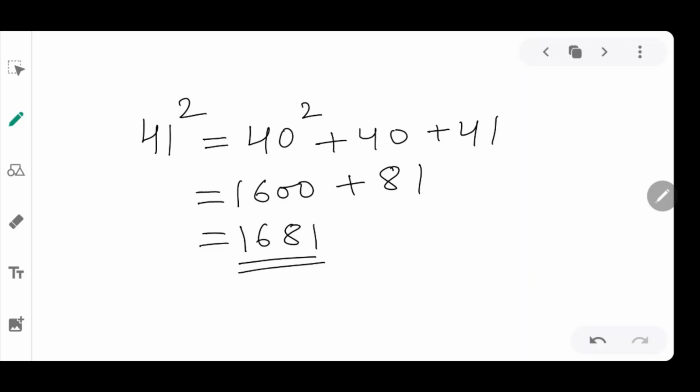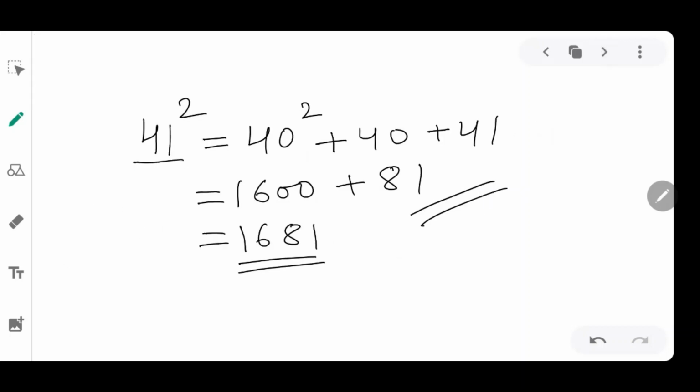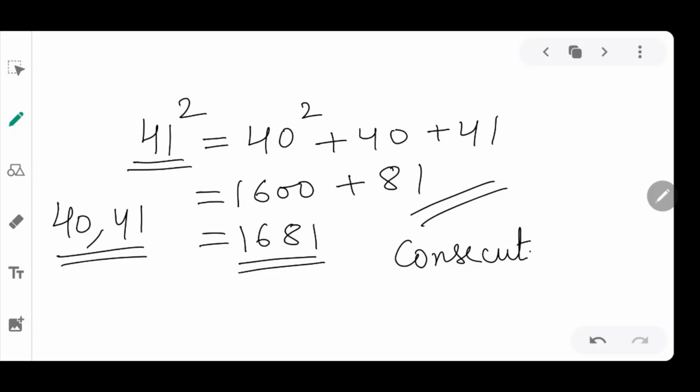So remember that this method is only for such numbers which are consecutive numbers. For example, 59 and 60 are consecutive. Second, we see 41. 41 is 40 and 41, means they are coming one after another. So such numbers are consecutive numbers.